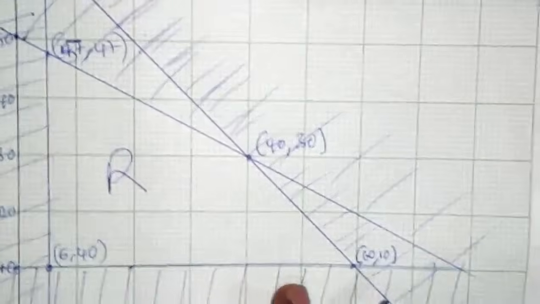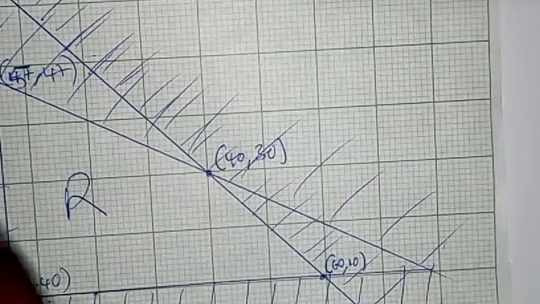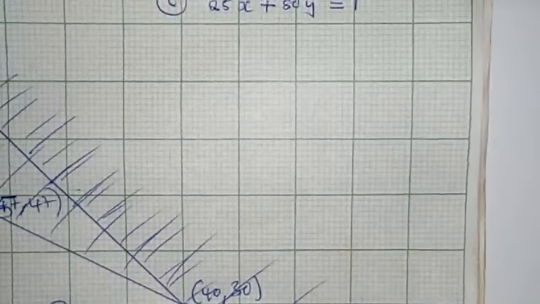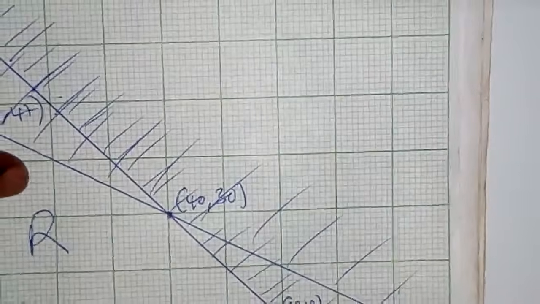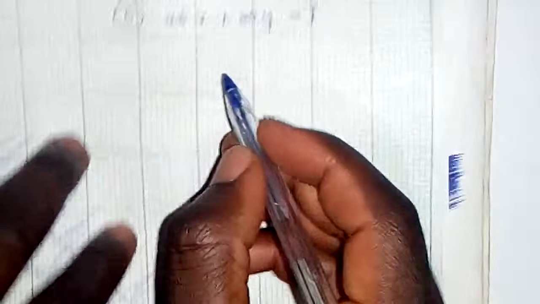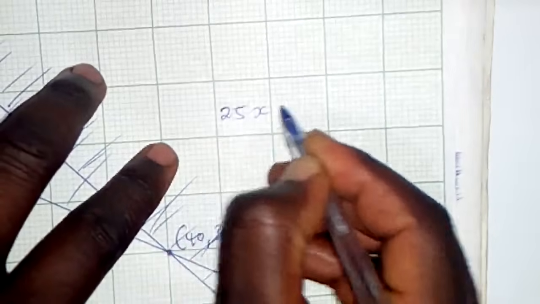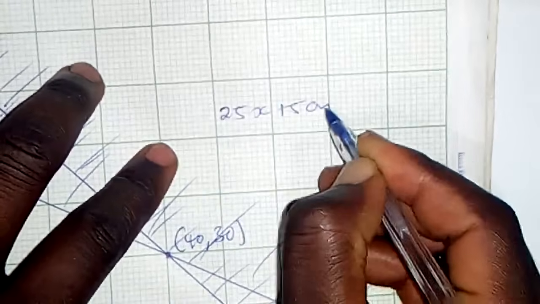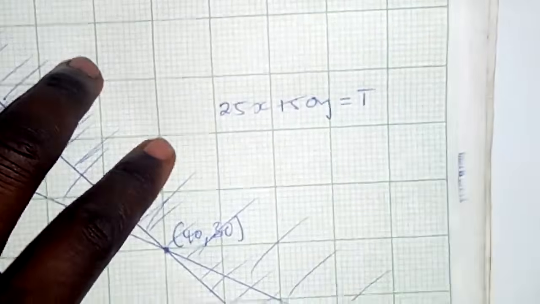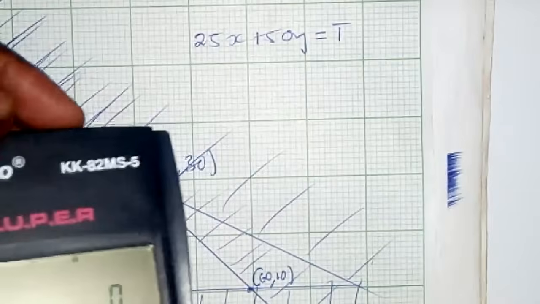So which one do you think can give us a maximum profit? We get the coordinates and test. I'll start with these. Let me write my objective function here so that we can see it: 25x plus 50y is equal to T. We'll use this function to test which one is bigger.